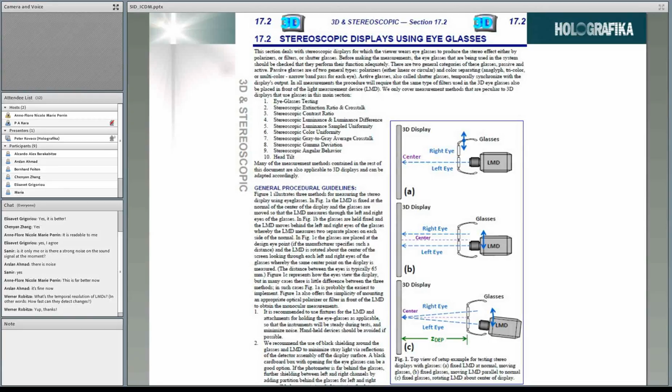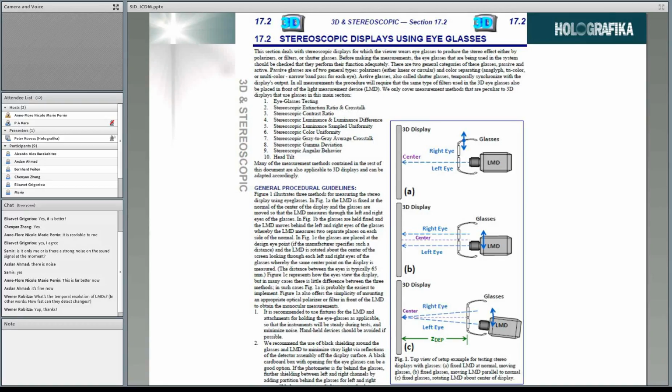And then in the 3D and stereoscopic section, there is a whole section devoted to how the glasses should be handled when measuring stereoscopic displays with glasses, like whether you have the LMD fixed and moving the glasses, or you have the glasses fixed and you're moving the LMD, or you have the glasses fixed and then you are rotating the LMD.